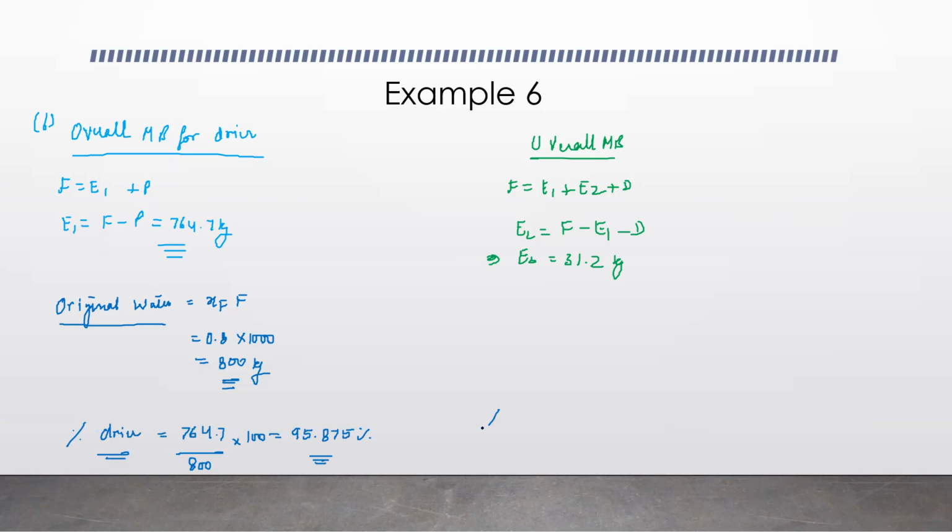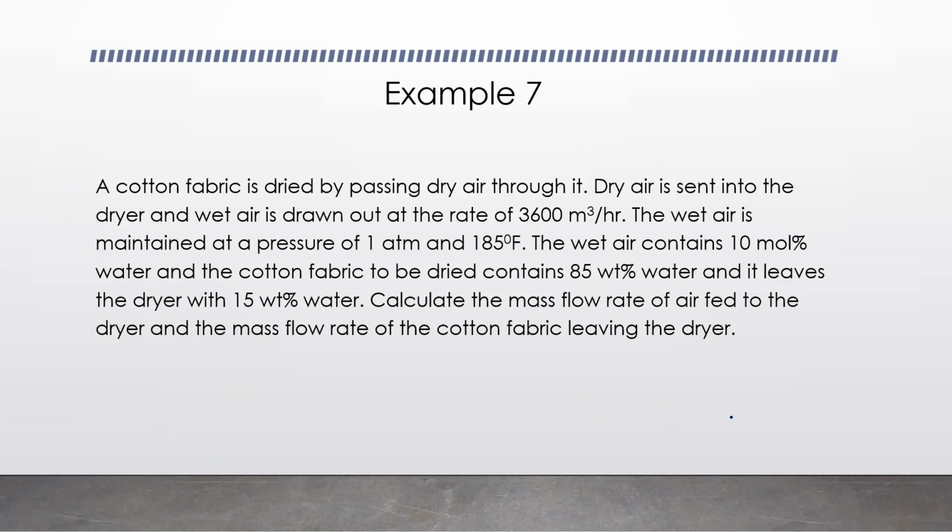Then percentage of original water lost in the oven is equal to water lost in the oven, that is 31.2 upon 800 into 100. That is 3.9%. All right. So that's your result. Hope you people have understood this problem. So once we are done with this, go ahead, pause the video and try to solve example number 7 yourself.